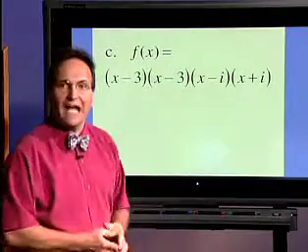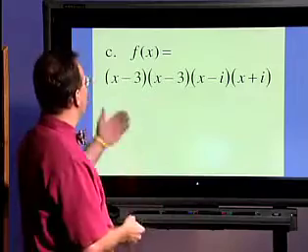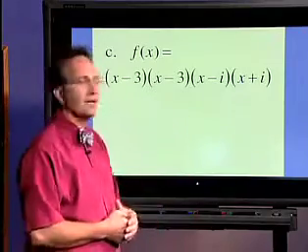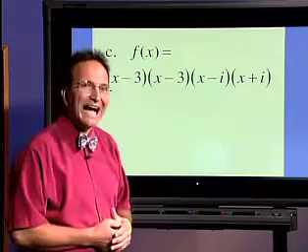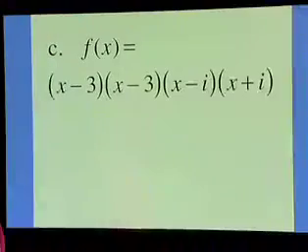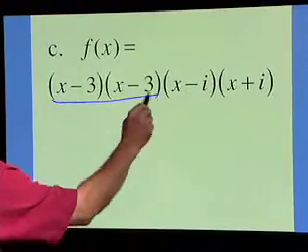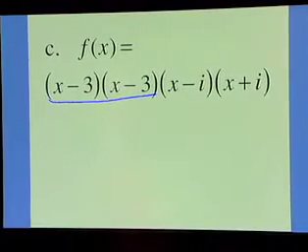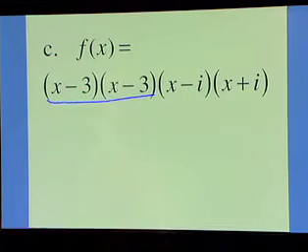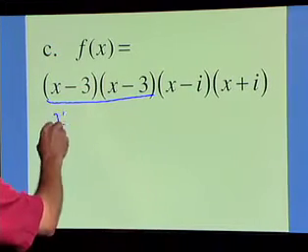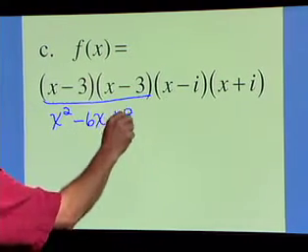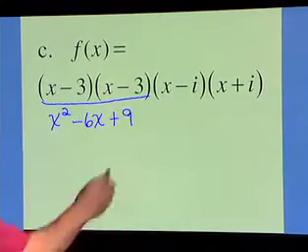Part C says f of x is equal to x minus 3 times x minus 3 times x minus i times x plus i. So let's deal with expanding this out. If we start with the x minus 3 times x minus 3, of course, that's x minus 3 squared. So it's a binomial squared, which leads us to x squared minus 6x plus 9, a perfect square trinomial.